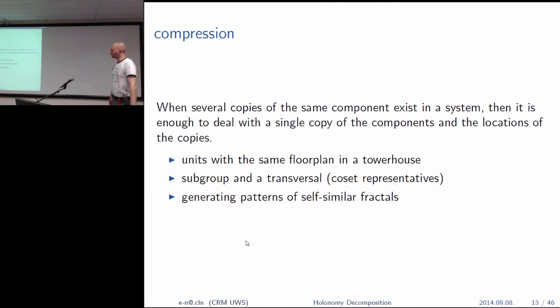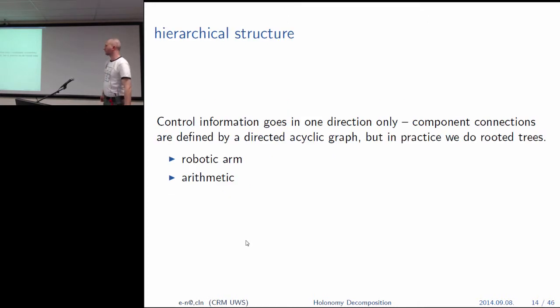And you can also mention fractals that have the property of self-similarity. You have the same pattern applied at many levels. That's why fractals are so compressible. You just have a simple formula and you build amazing structures. Okay, and the third idea is the hierarchical structure.